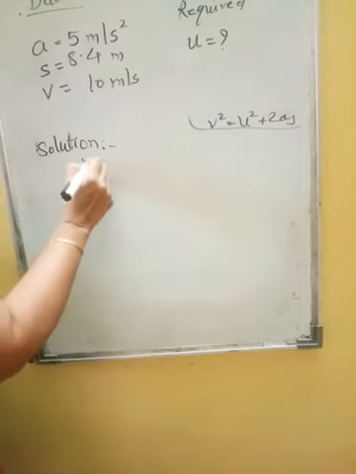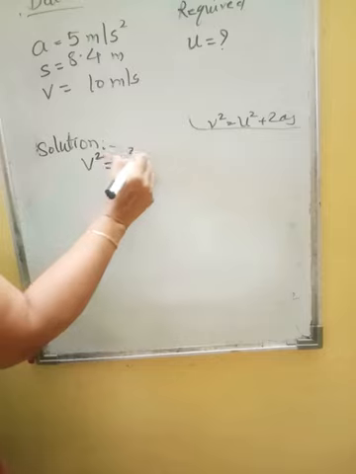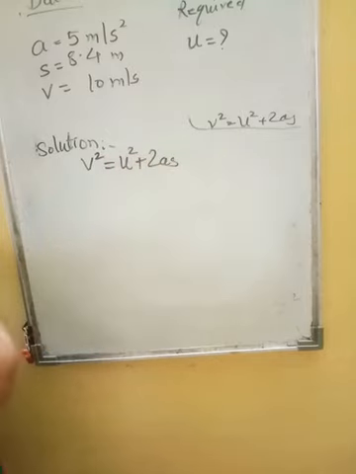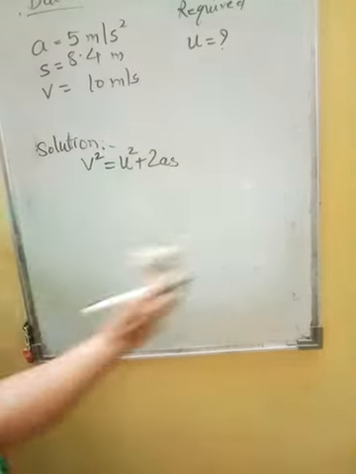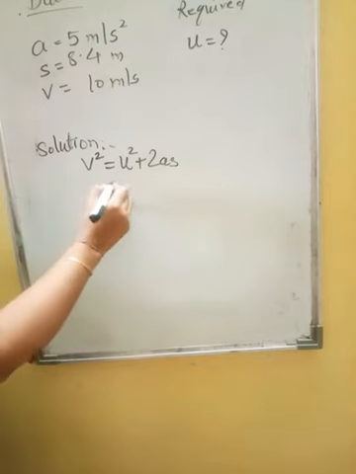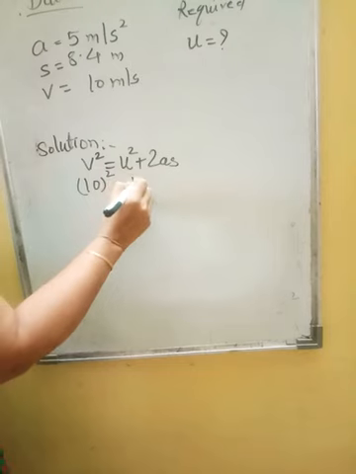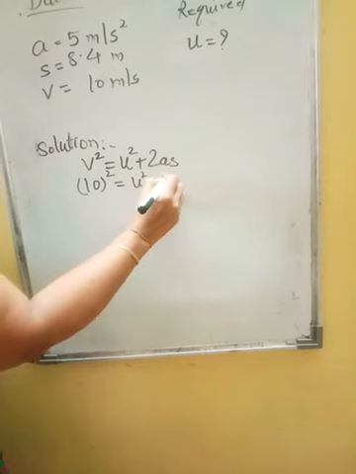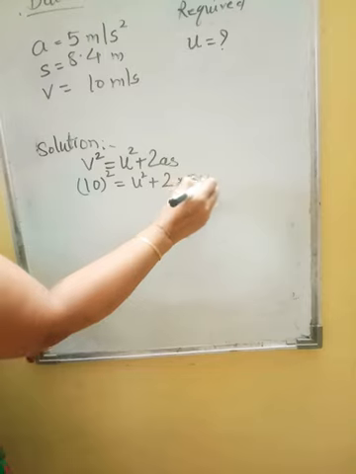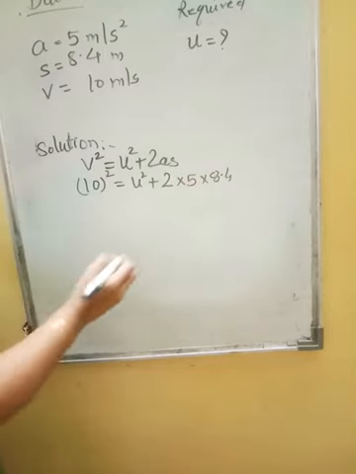So let us write down the third equation. v square is equal to u square plus 2as. So you have here 10 square is equal to u square plus 2 into 5 into 8.4.